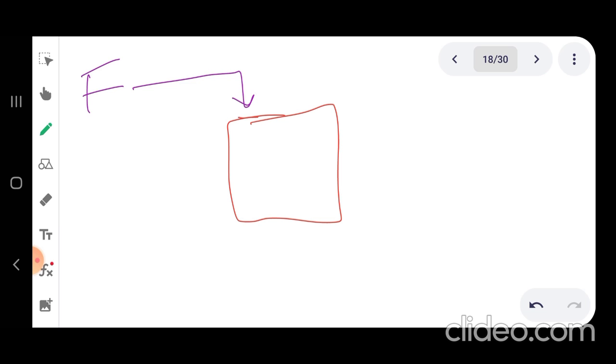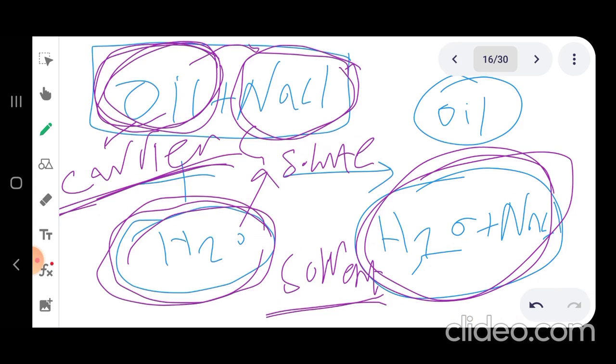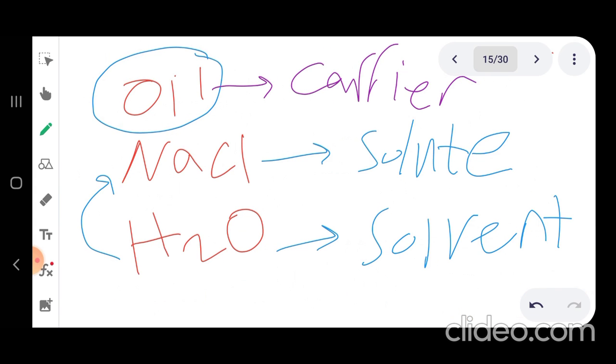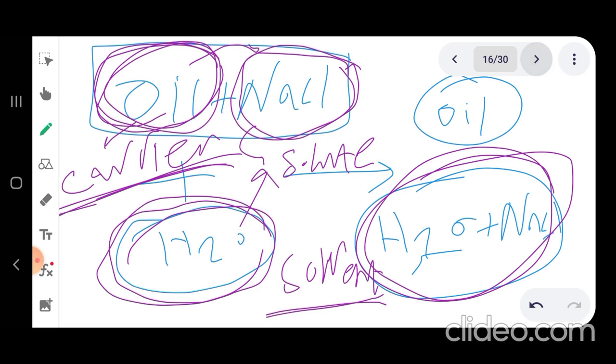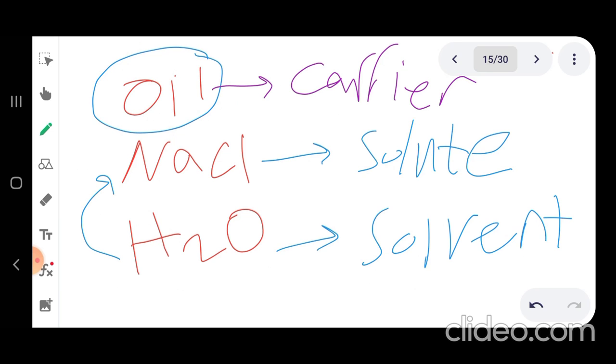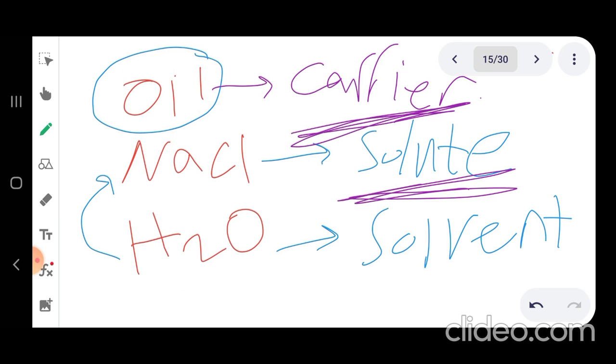Again, we go back to the example of oil, salt, and H2O. So the feed contains mainly oil and NaCl, or to be more general, it contains carrier and solute. In other words, it contains C and A, as we agreed on before.